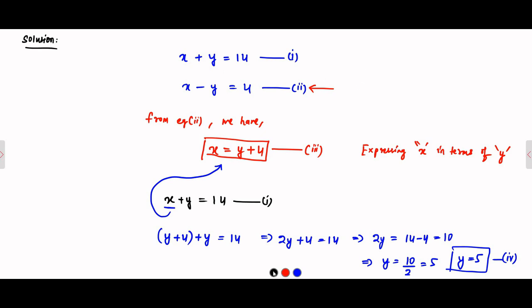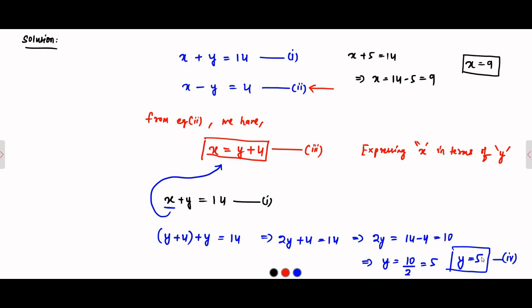So that implies here, if we put y equals to 5 in equation 1, that implies x plus 5 is equal to 14. That implies x is equal to 14 minus 5, which is equal to 9. Okay, so we have got x is equal to 9.